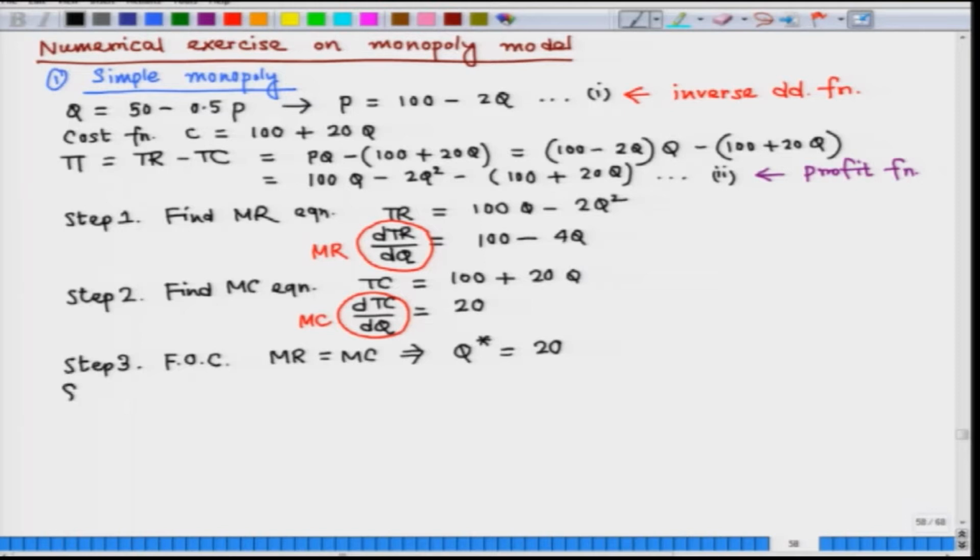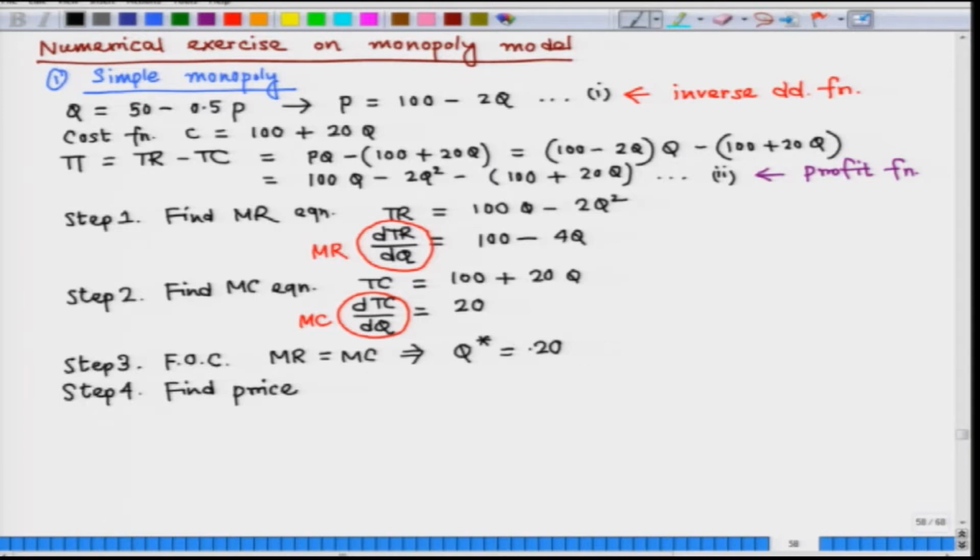Now, once we have obtained the optimal quantity or output level of the monopolist, the next step is to find price. And if you remember from our discussions on monopoly, one has to go to the demand function and plug this value of optimal quantity in it to get the optimal price that the monopolist sets in the market, right.